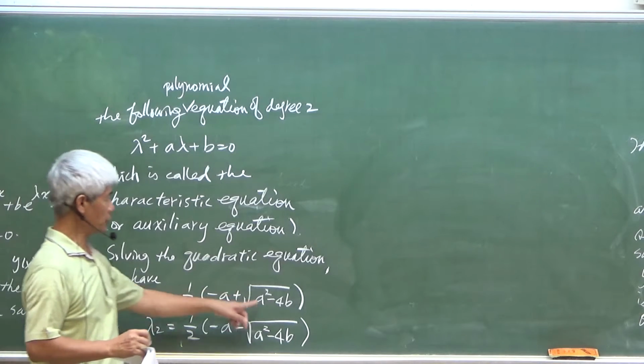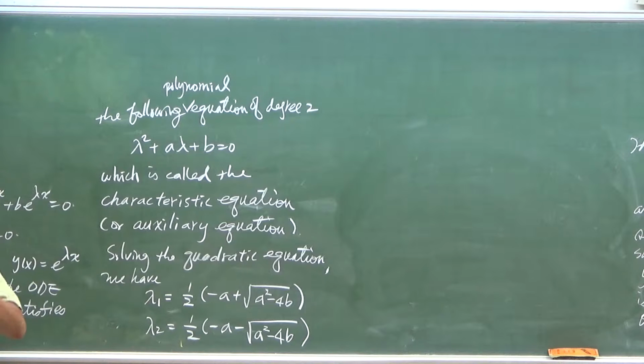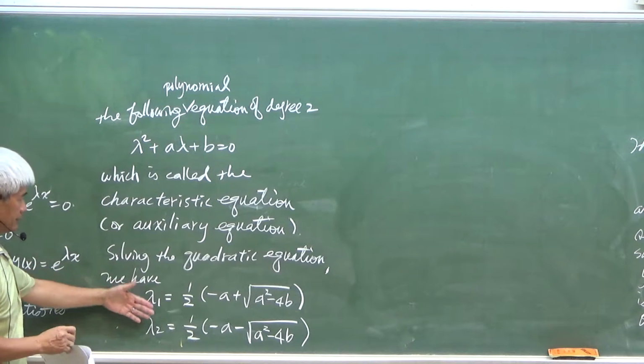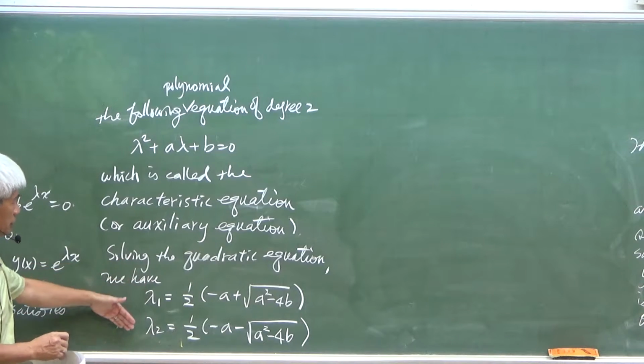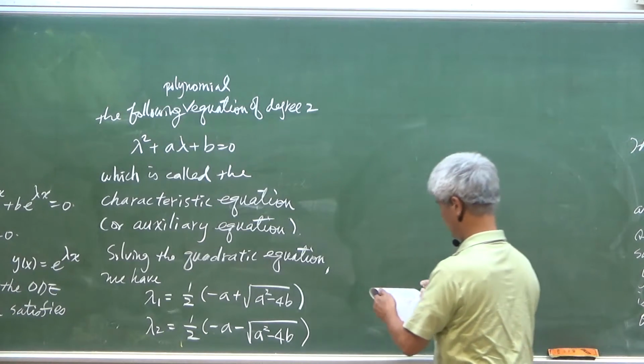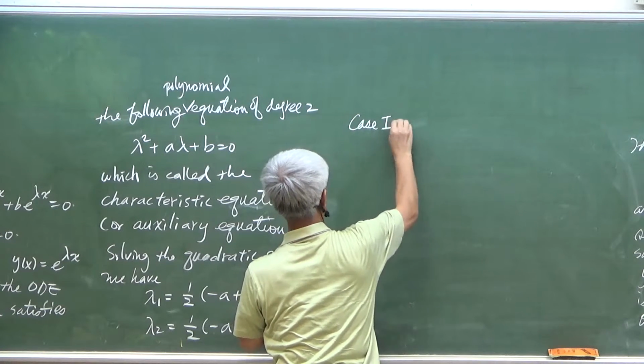We know a squared minus 4b is called the discriminant. So now we have 3 cases to consider.